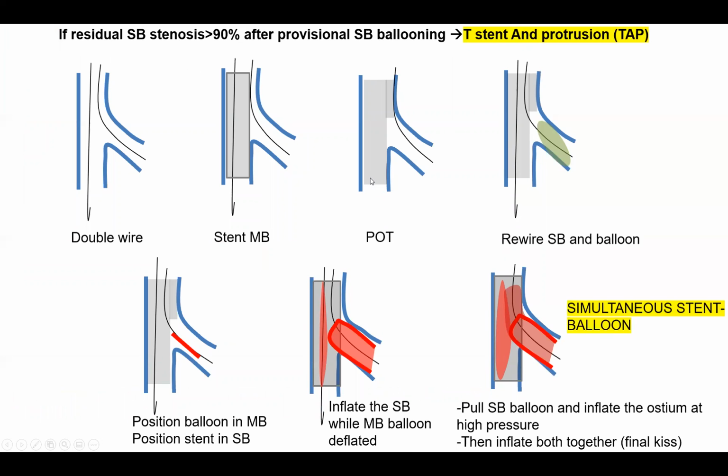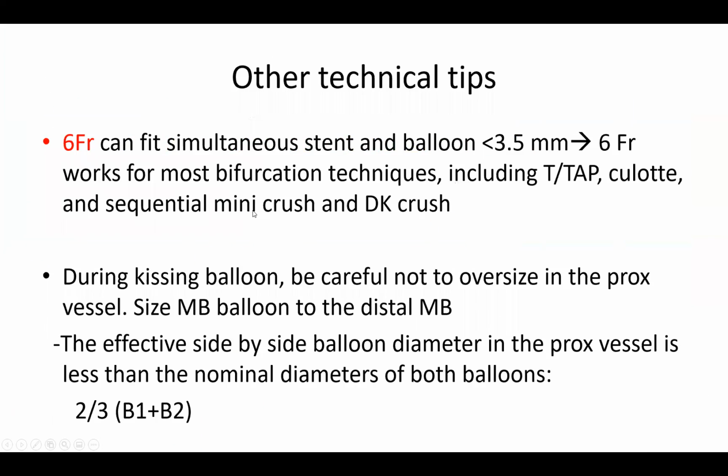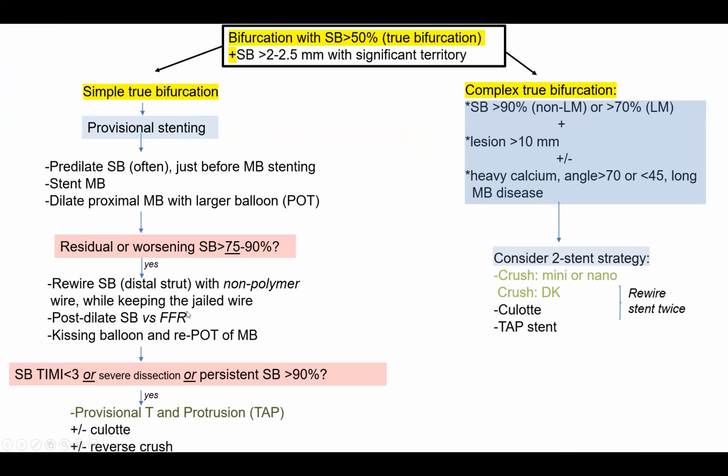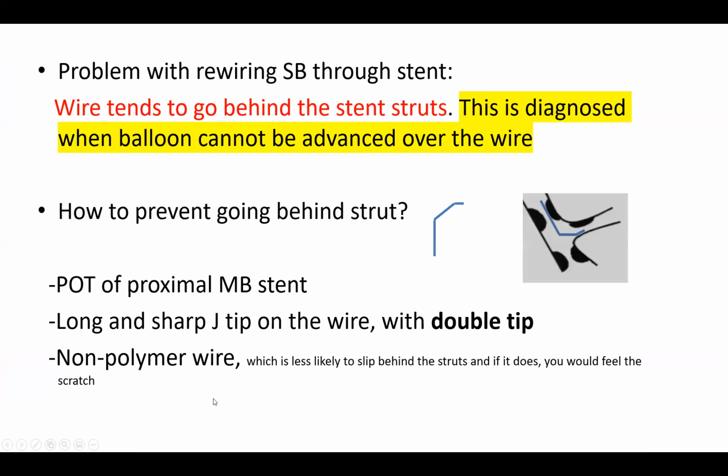Now, I want to explain the TAP technique. Let's say, and here I go back to the algorithm. So I told you, if you don't like your balloon result, you have, despite ballooning, TIMI less than 3 or persistent side branch over 90%, then you do provisional stenting. And here I'll explain the provisional stent technique.